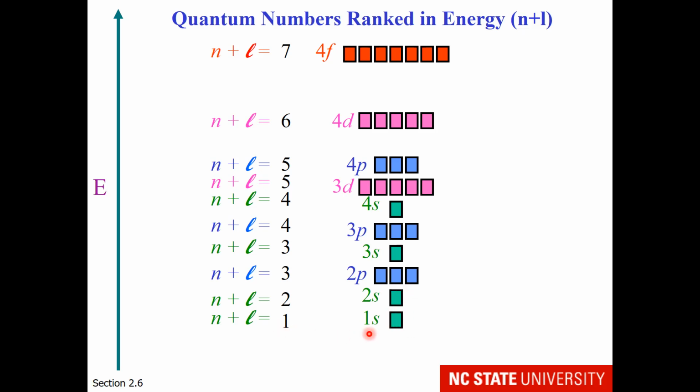So the closest orbital in the Schrödinger model is the 1s, followed by the 2s, 2p, 3s, 3p, and remember that exercise we had where the 4s tends to be lower in energy than the 3d, than the 4p, and I haven't mixed in the n equal 5. There are some that belong here, but this shows you the increasing n plus L values and the further distance of each of these orbitals from the nucleus.